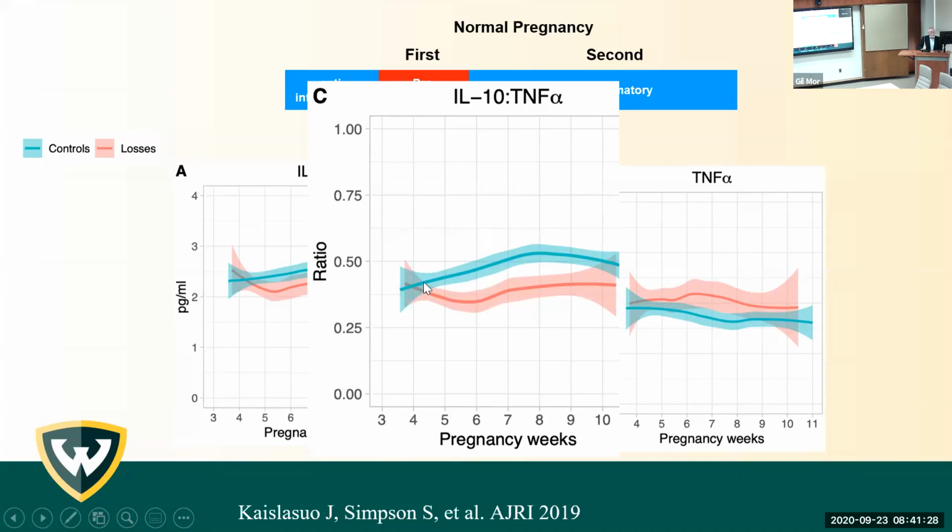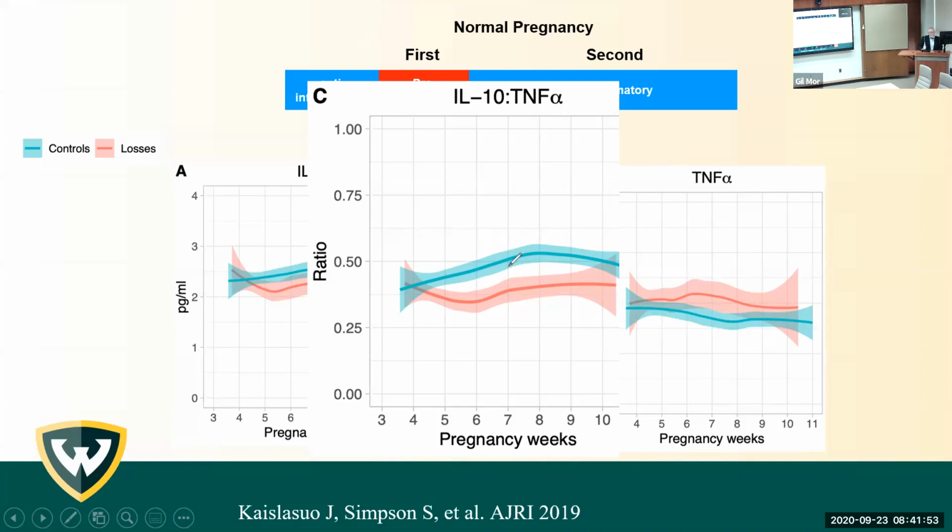So you start with inflammation around week 7, 8, 9, you start shifting into anti-inflammatory, which remains anti-inflammatory. In the cases of pregnancy loss, you have a successful implantation associated with inflammation, no different from the control. However, this is the time where you start looking at the difference.